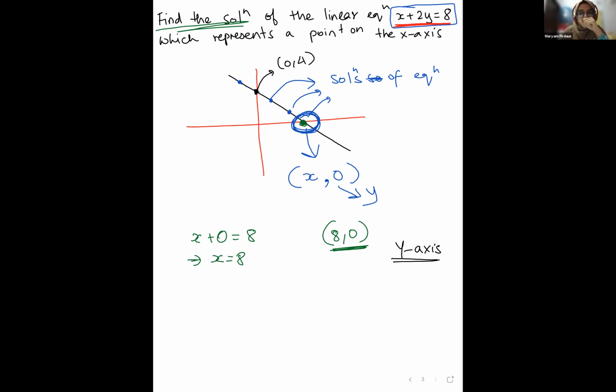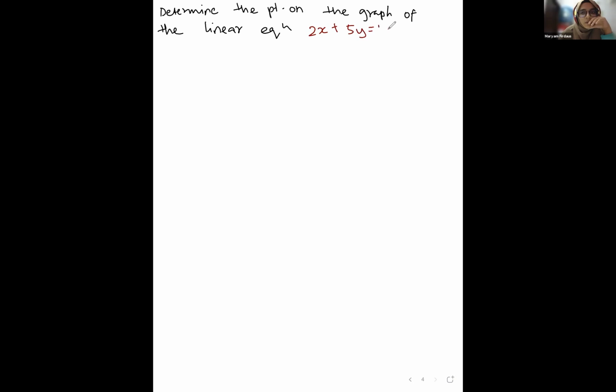Okay, let's do this one. Determine the point on the graph of the linear equation 2x plus 5y is equal to 19, whose ordinate is 1.5 times its abscissa.